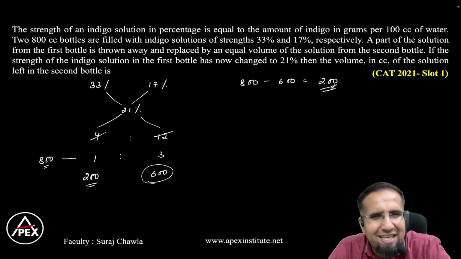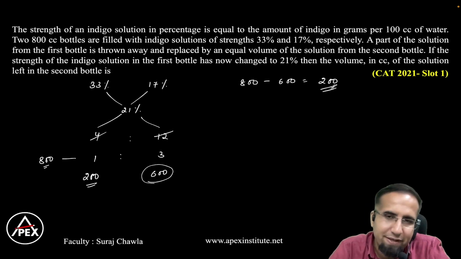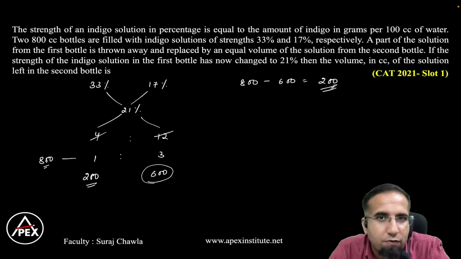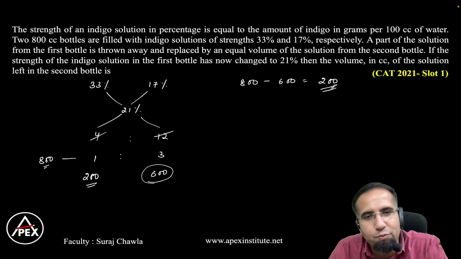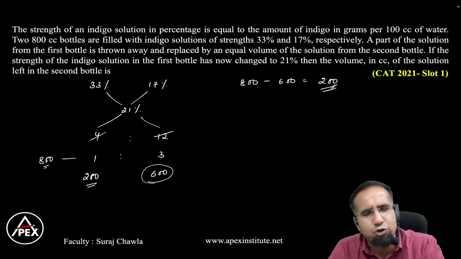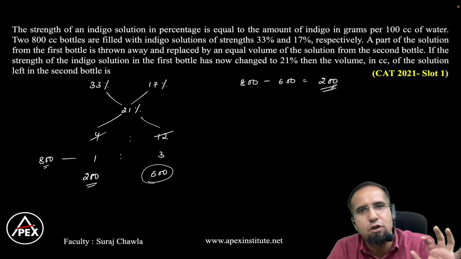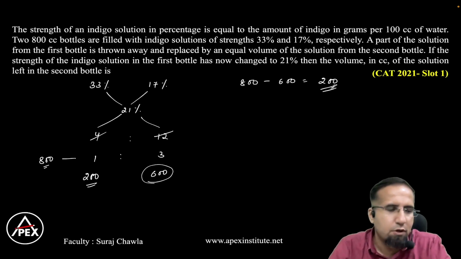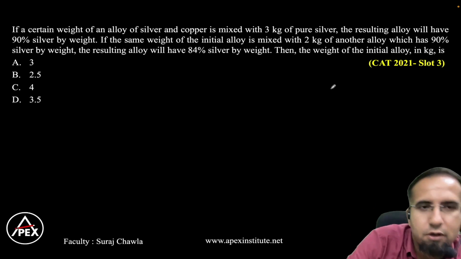So again, two very easy and similar questions which we could have done with the help of the basic method as well as alligations. I repeat, even if you are not able to solve with the help of alligations, we should be able to solve the questions with the help of the basic methods. That is my job here. All I'm looking at here is to make you solve the questions in the easiest possible manner. Right? Let's move to the next question here.